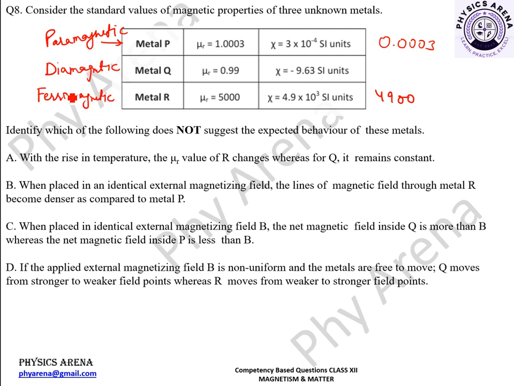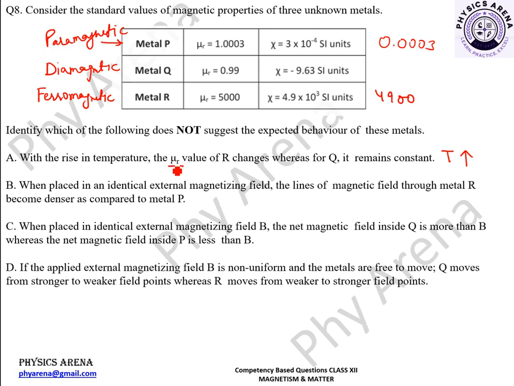So now when we have identified the metals, it will be easier to examine each of these statements. So let's examine them one by one. Statement A: with the rise in temperature, the mu r value of R changes, whereas for Q, it remains constant. So when T is increased, we know that the ferromagnetic material loses its magnetic properties and will try to move towards the paramagnetic one.